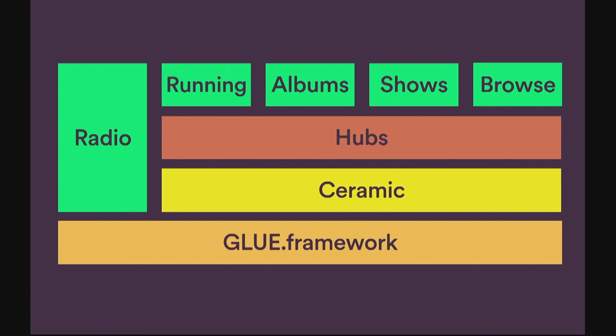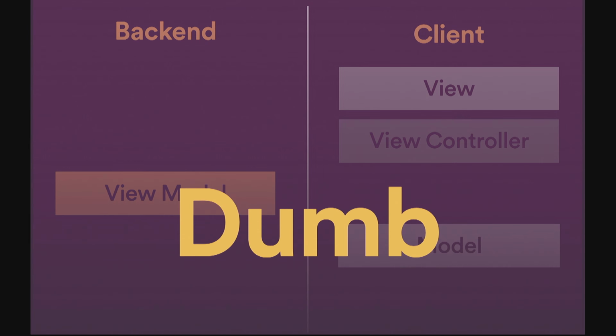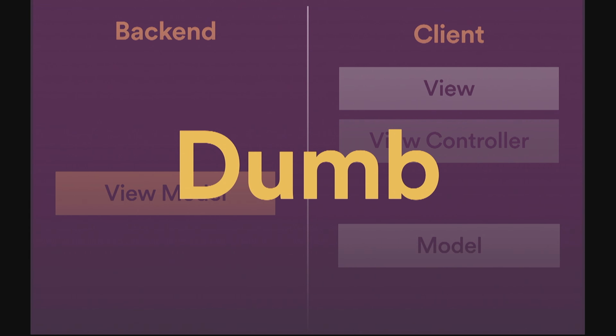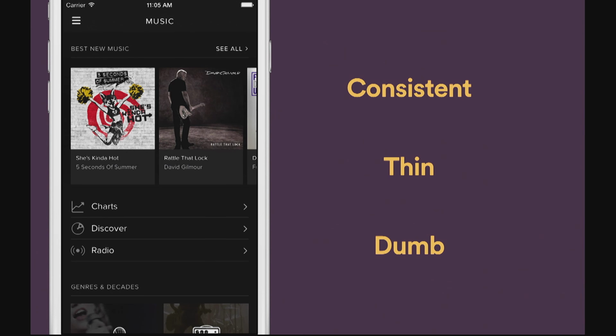And they put that on top of the Ceramic framework, which is on top of Glue, which is on top of UIKit. And now all these filters start using these hubs. And now we got a client that really doesn't do anything besides receiving data and maybe information of how to render this data. Now it's a pretty dumb client. Well, and you got the consistent, thin, and dumb.